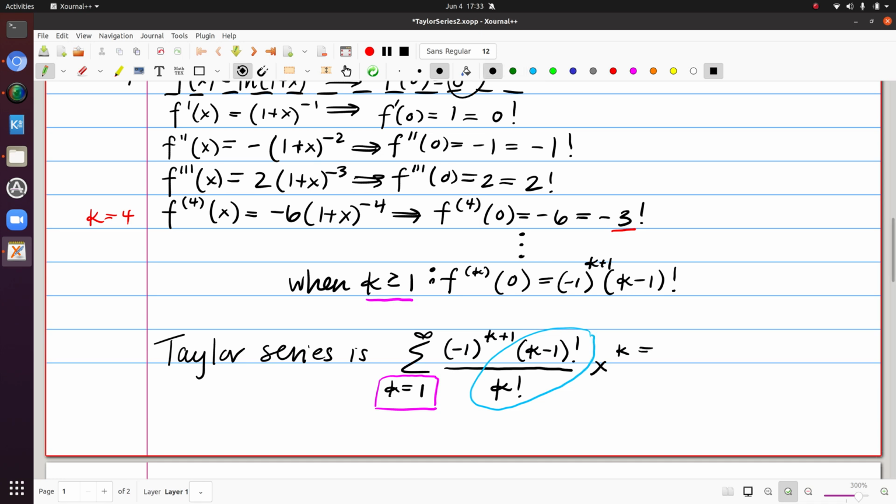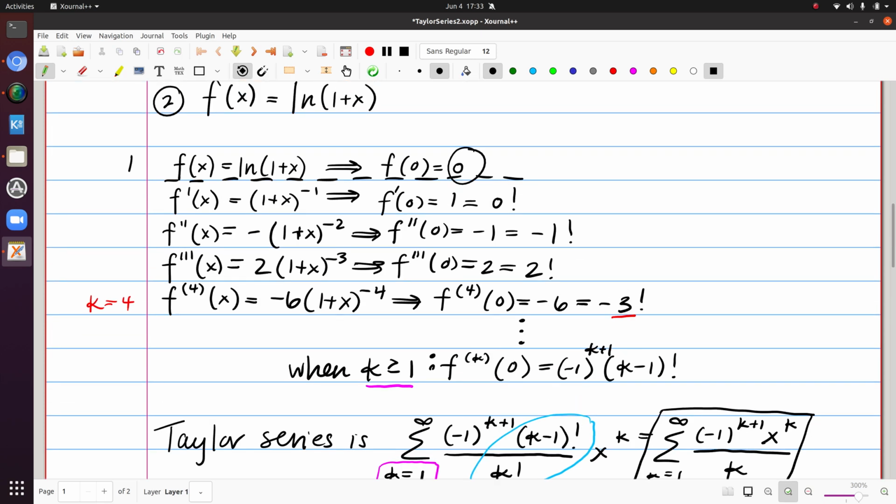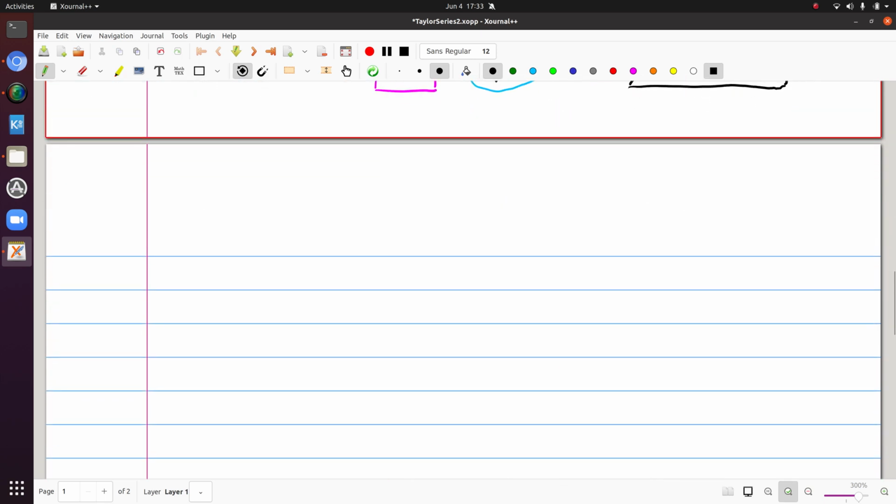So we end up getting the sum from k equals 1 to infinity of negative 1 to the k plus 1 times x to the k, all divided by k. So that is our Taylor series for the natural log of 1 plus x, centered at 0. And then recall the second part of this question was find the interval of convergence.